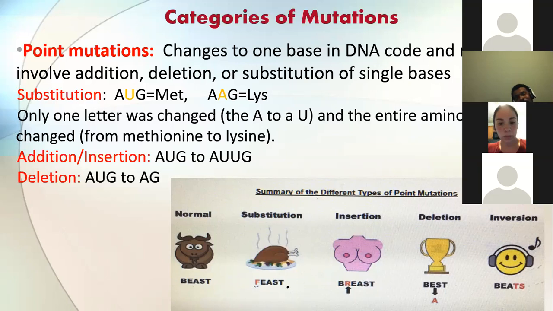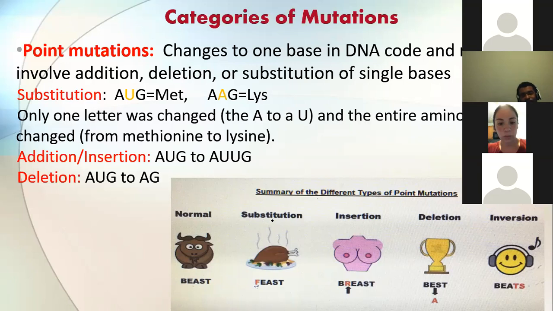Deletion: that A has been deleted, and the meaning got changed. Inversion: we had B-E-A-S-T, and S and T changed their position. That also brings a new meaning. So these are all reasons for mutation.